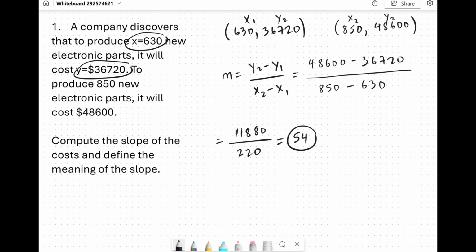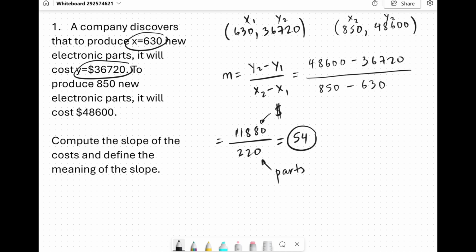So 54 is the slope. It's a positive slope. And the question says, well, what is the meaning of this slope? Well, let's think about what it is that we have. Remember, 11,880 here is the dollars. We had $48,600 minus $36,720, and then the bottom number here is the parts, the electronic parts.